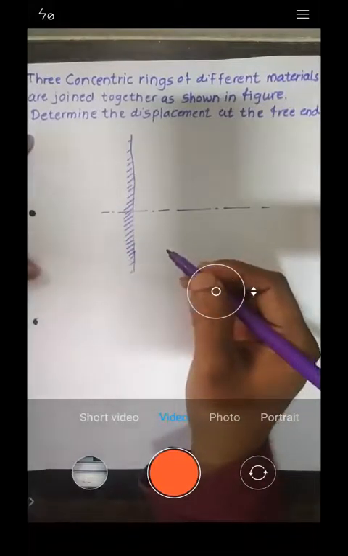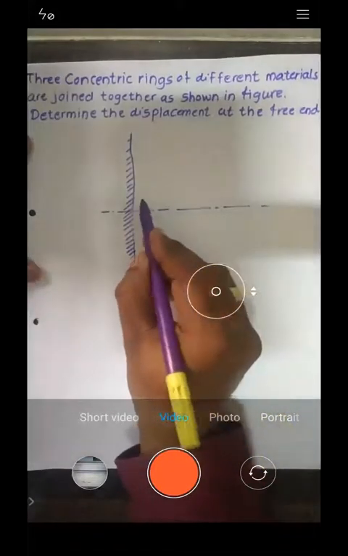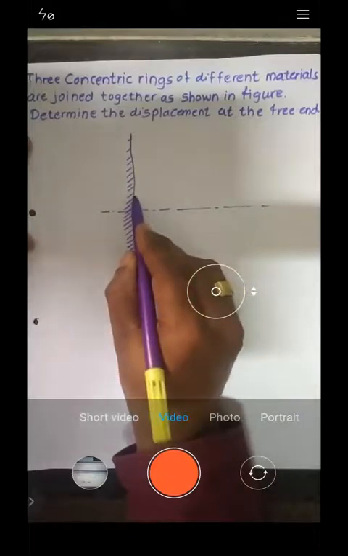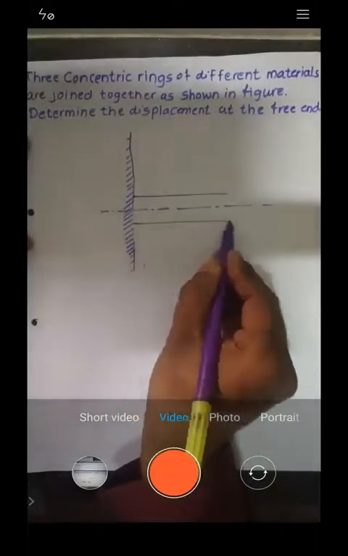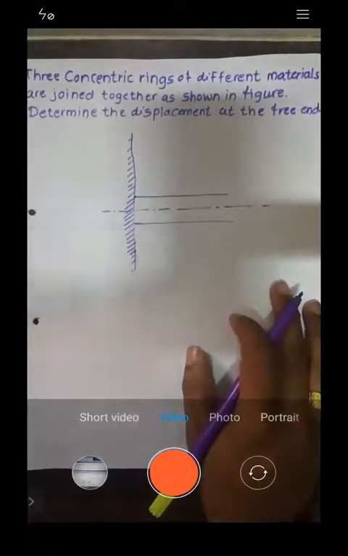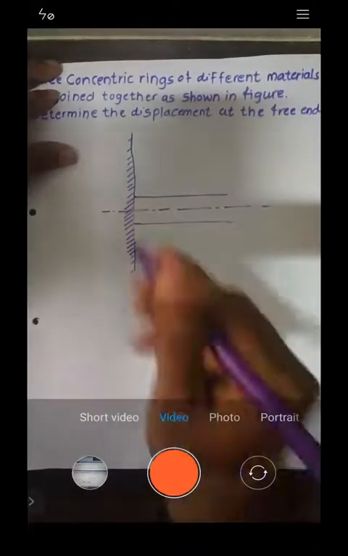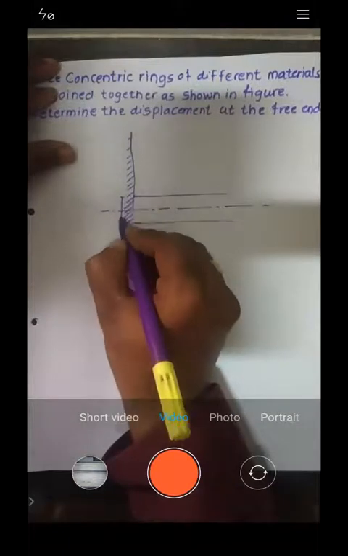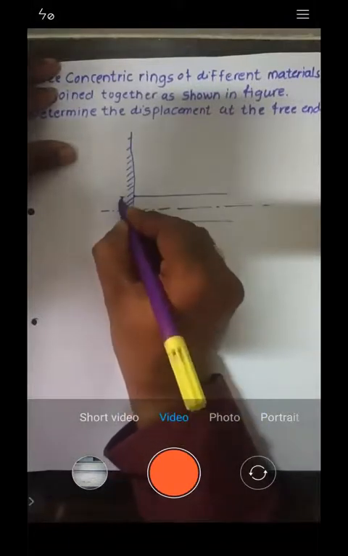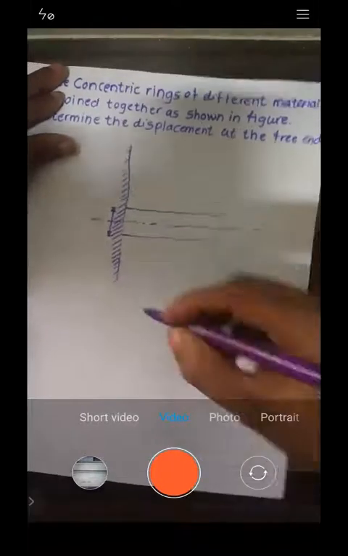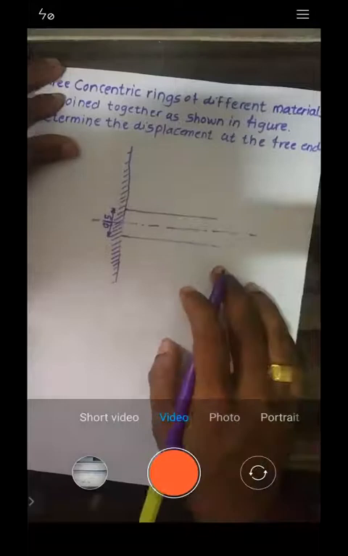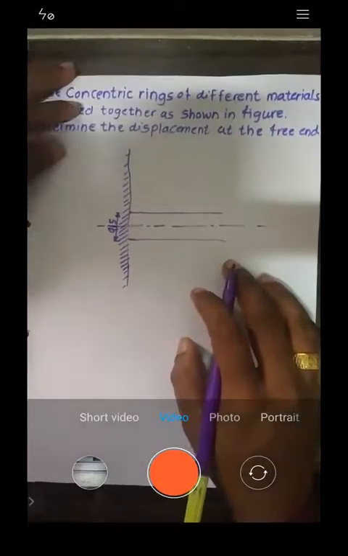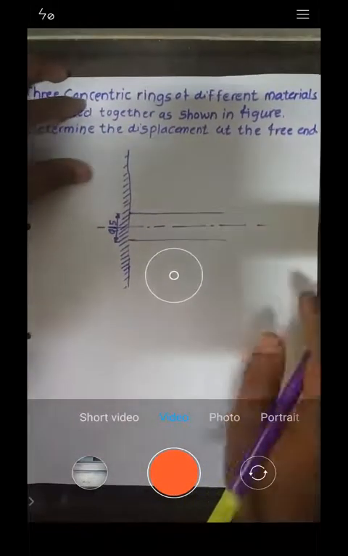Now what you have is one ring. As it is a ring, obviously it will have some inner diameter and some outer diameter. So this is the inner diameter of the first ring, and it is measuring phi is equal to 15 for the first ring.